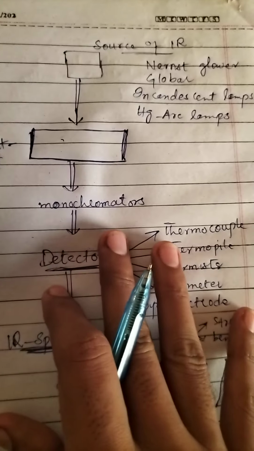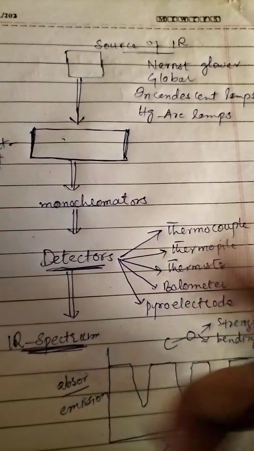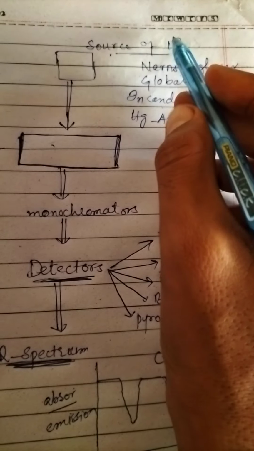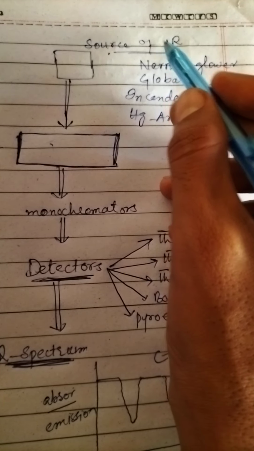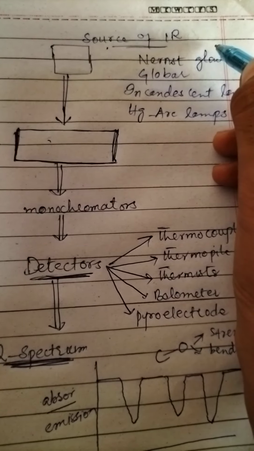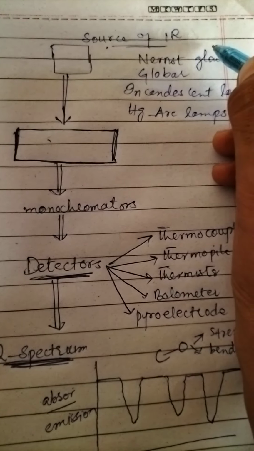In the second lecture, we will start from the source of IR radiations. First of all, in IR spectroscopy, we should know the source of IR radiations, in which Nernst Glower, Globar, incandescent lamp, and mercury arc lamps are used.